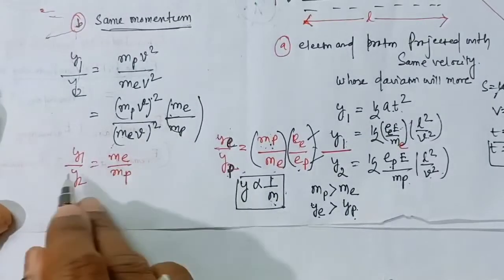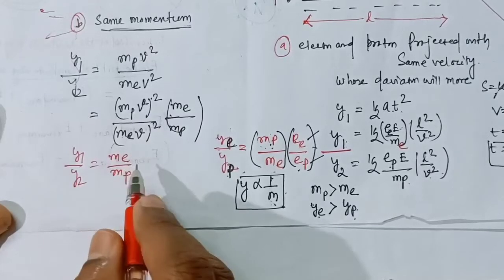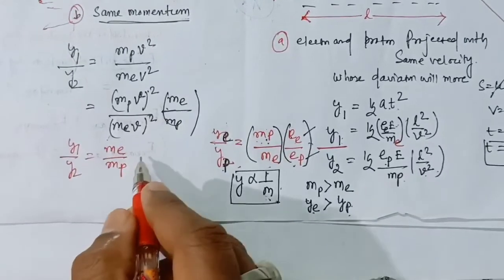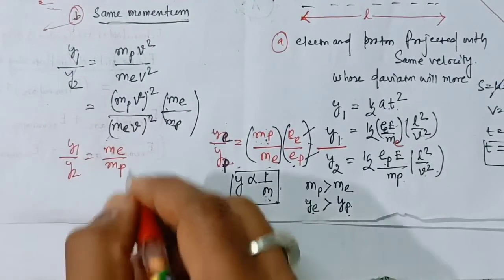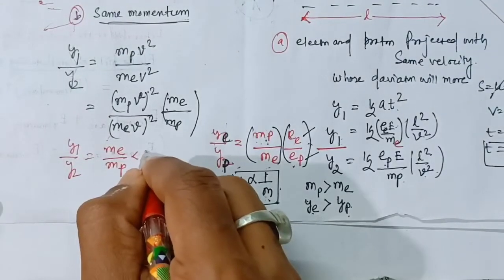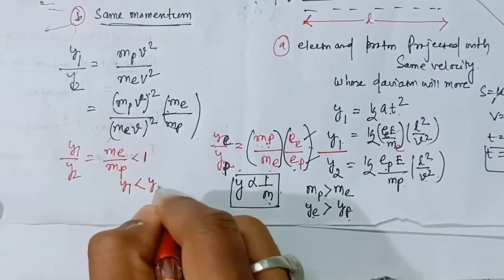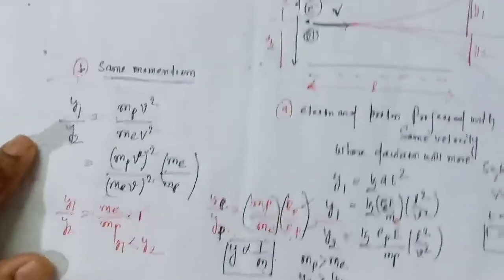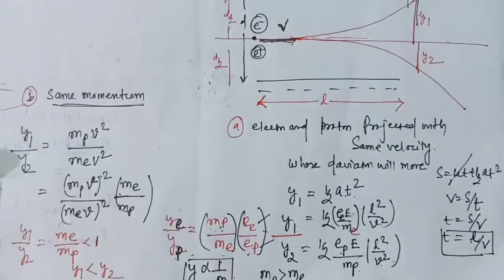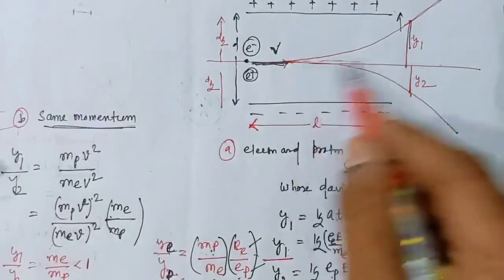We know that the mass of the electron is much less than the mass of the proton, so this parameter must be less than 1. So y1 is less than y2. It is very clear that the proton will deviate more than the electron.